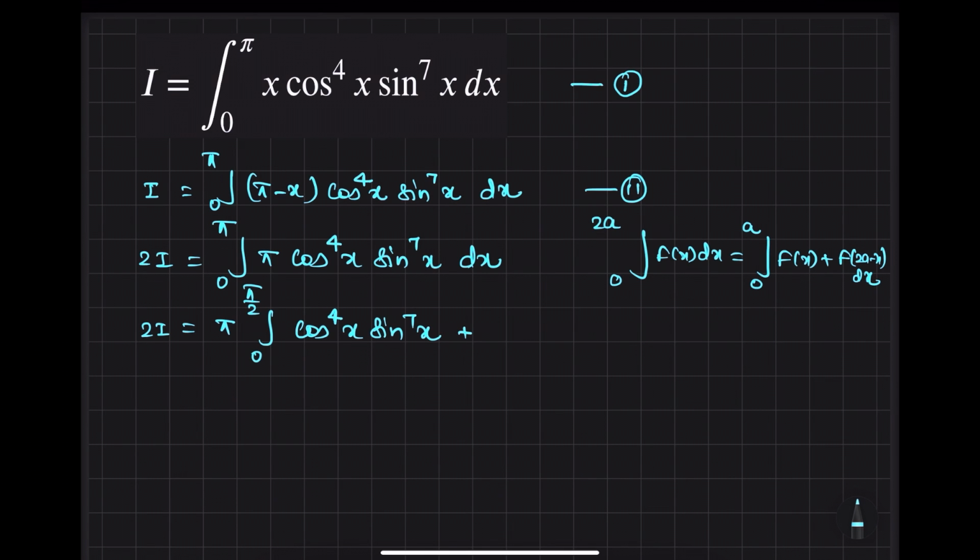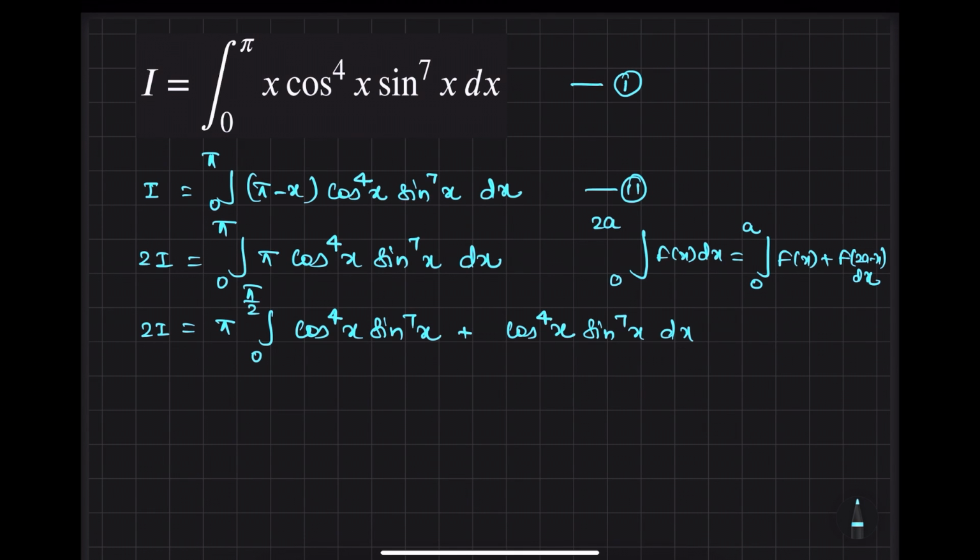Cos of pi minus x is minus cos x, but you have power as 4, so that negative will become positive, so it will become cos power 4x. And sine of pi minus x is nothing but sine x only, so you don't have a problem with sine x, so it is sine power 7x dx. Now both are the same, so you can club both of them and you will be having 2 times.